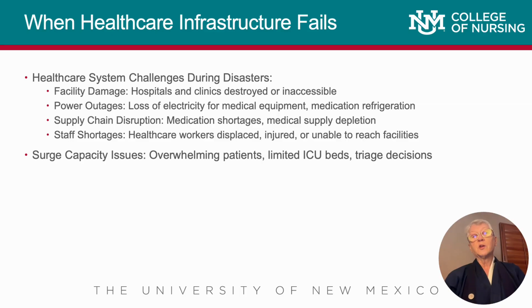Communication breakdown means loss of electronic health records and challenges coordinating care. And then we have surge capacity issues. An overwhelming number of patients arriving at once. Limited ICU beds and ventilators, difficult triage decisions about who gets care first, and the need to evacuate existing patients to make room for disaster victims.